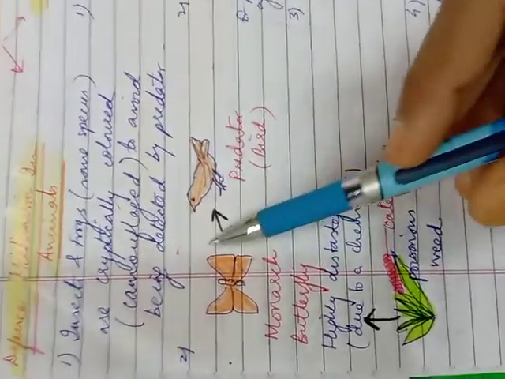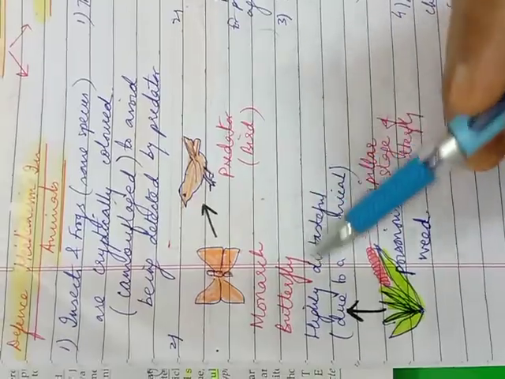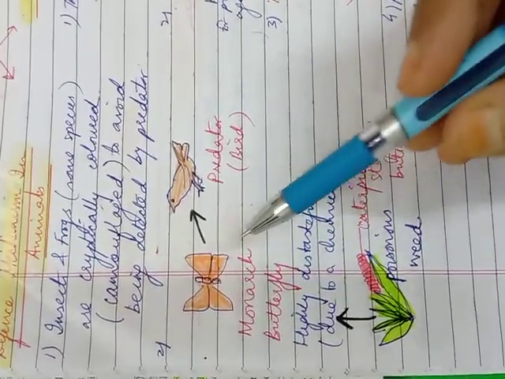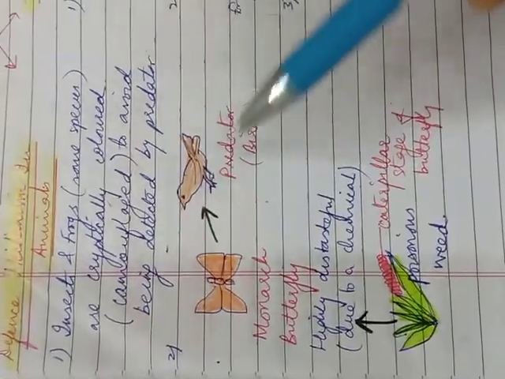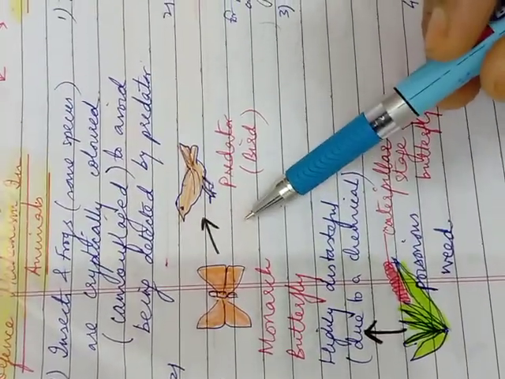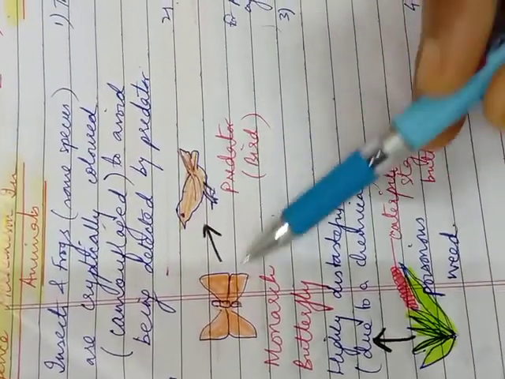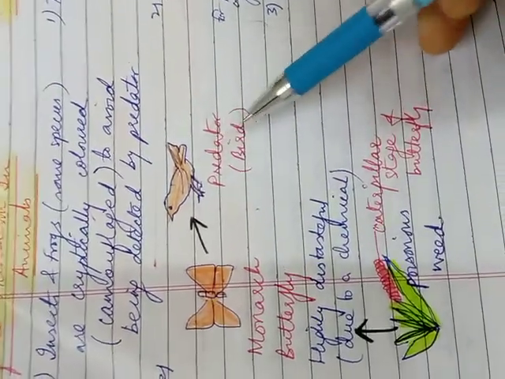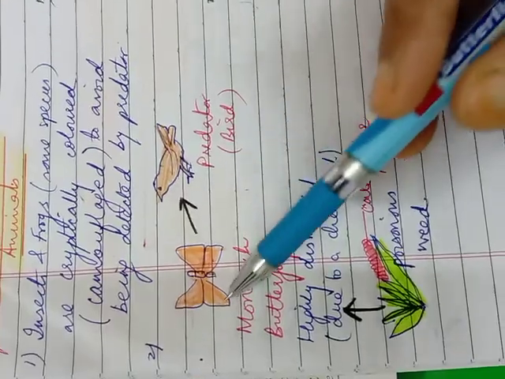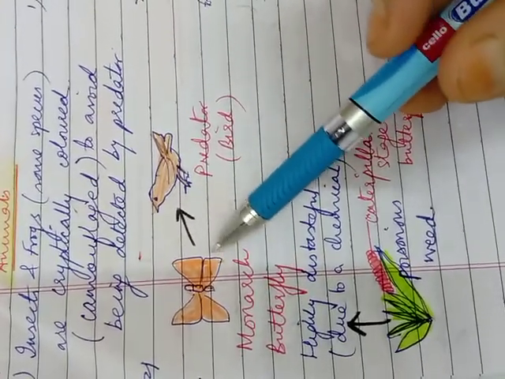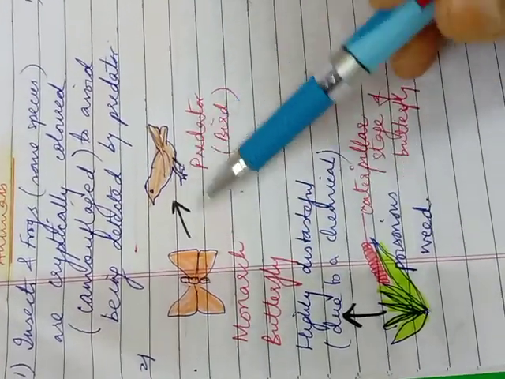The second is the monarch butterfly. The monarch butterfly is a native of America. It has black and red or orange spots. Suppose it is prey to a predator, which is a bird. How is this butterfly going to save its life from the predator?